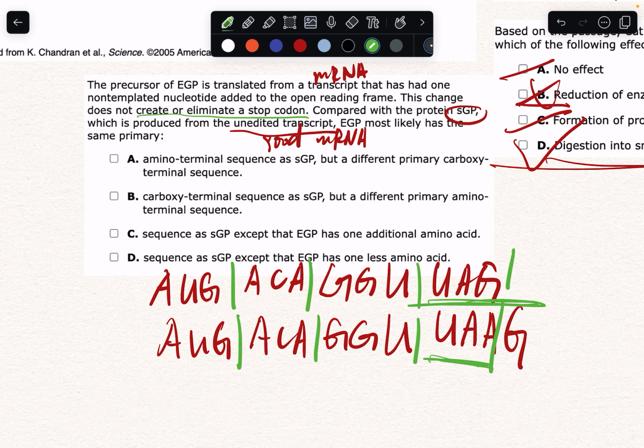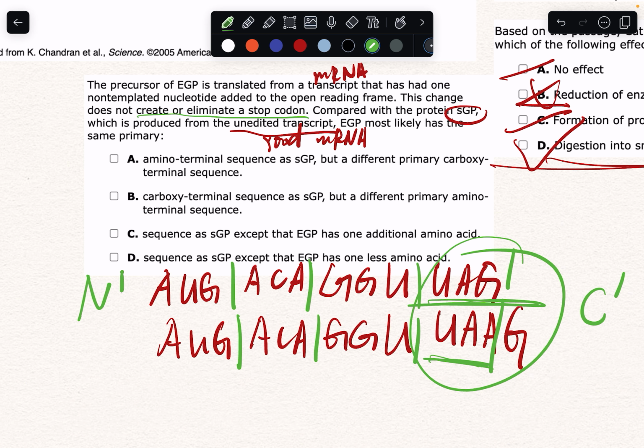I can still translate this protein given this mRNA. So this is really a frame shift. You shift the frame, and it really does change the C terminus of the sequence, but the N terminus really doesn't get changed, because the protein is still translated.